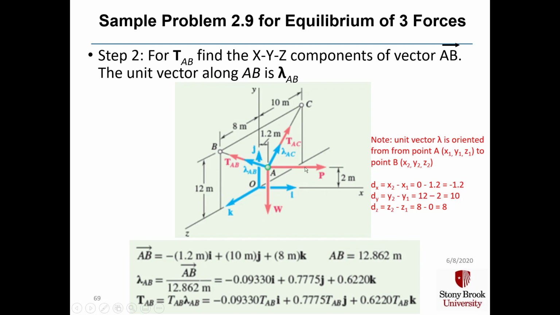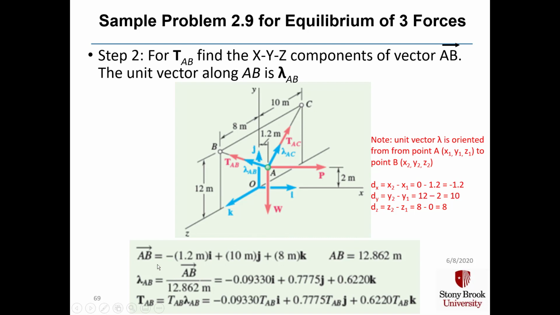That equals 10. And dz is the z-coordinate of point B, which is 8, minus the z-coordinate of point A, which is 0, d sub z equals 8.